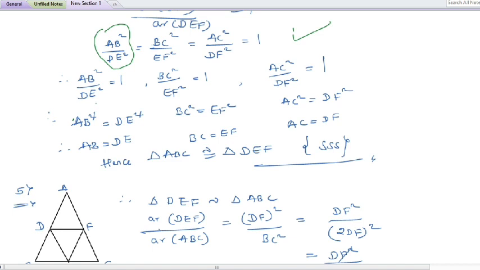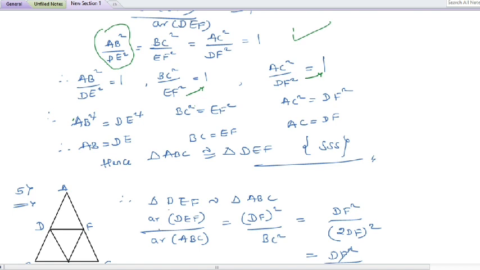Square cancels, and you will get AB is equal to DE, BC is equal to EF, AC is equal to DF. If these three sides are equal, then they are congruent triangles according to the SSS postulate. You can write triangle ABC is congruent to triangle DEF.